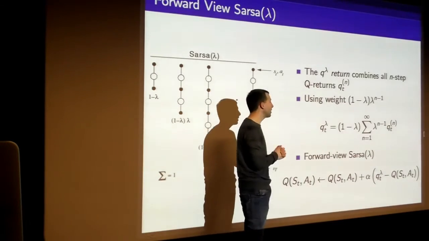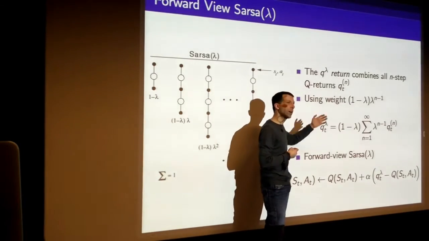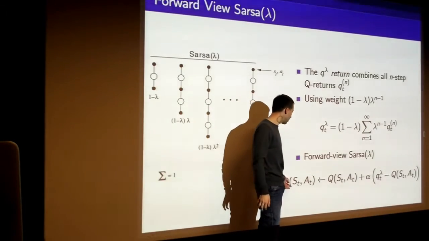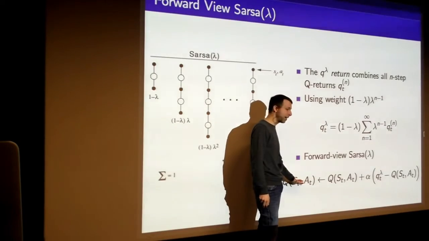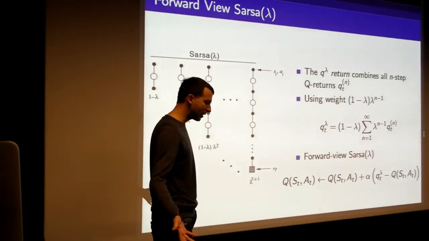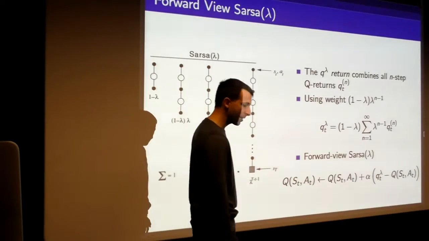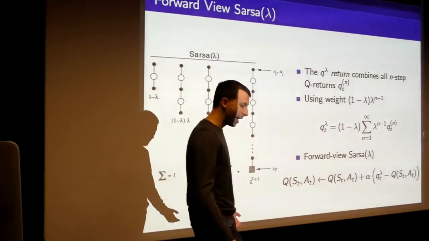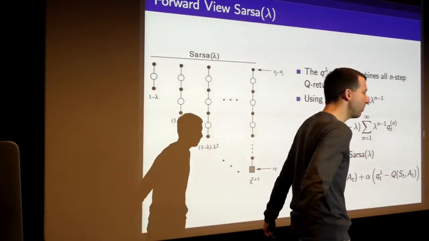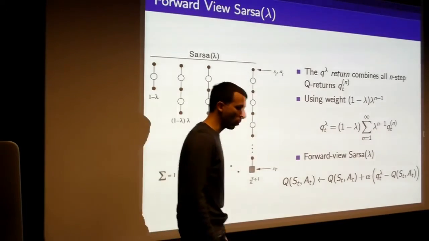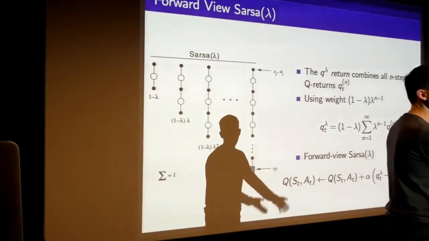Now we can plug this right into our update. I'm going to update my Q value. I start over here, and consider a weighted sum for this Q value. I want to know how good it is to take this action. I consider a weighted sum that takes account of my estimate based on my reward plus my Q value from here, but also my reward plus my reward again, plus my Q value from here onwards.